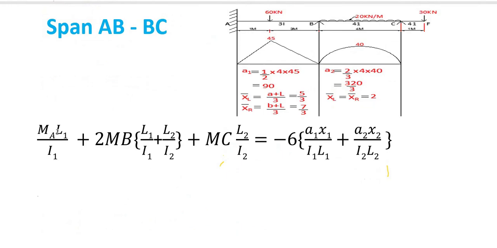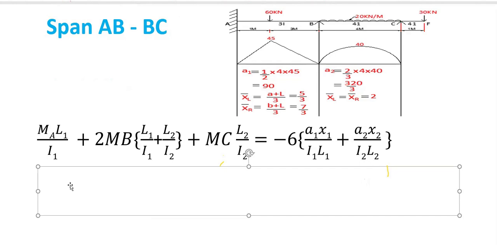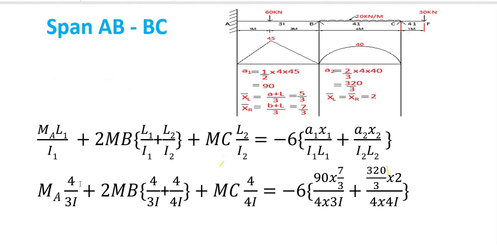So we'll get MA L1 over I1 plus 2MB L1 over I1 plus L2 over I2 plus MC L2 over I2 is equals to negative 6 times A1 x bar 1 divided by I1 L1 plus A2 x bar 2 divided by I2 L2. Now let's feed the values. The values are already here, so you just pick and apply.